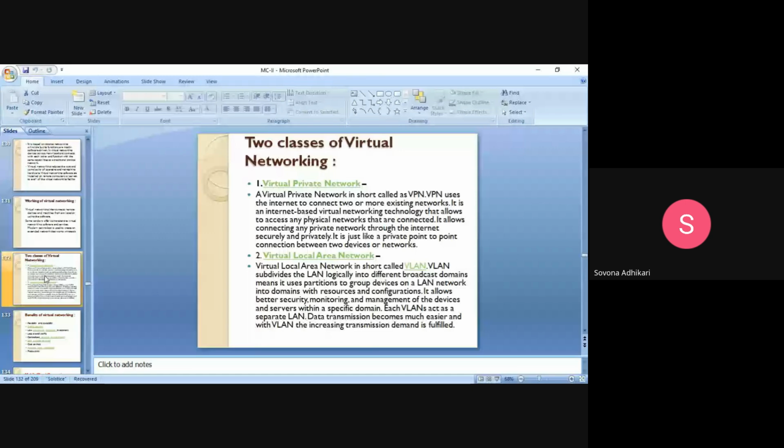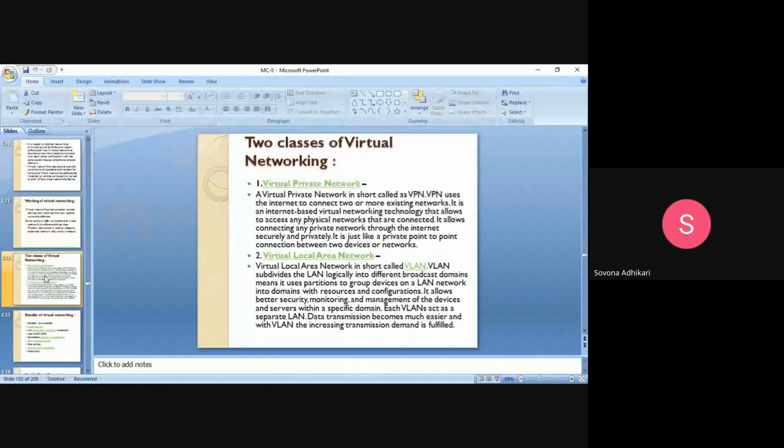The second one is the virtual local area network, known as VLAN. It subdivides the LAN logically into different broadcast domains, meaning it uses partitions to group devices on a LAN into domains with resources and configuration.